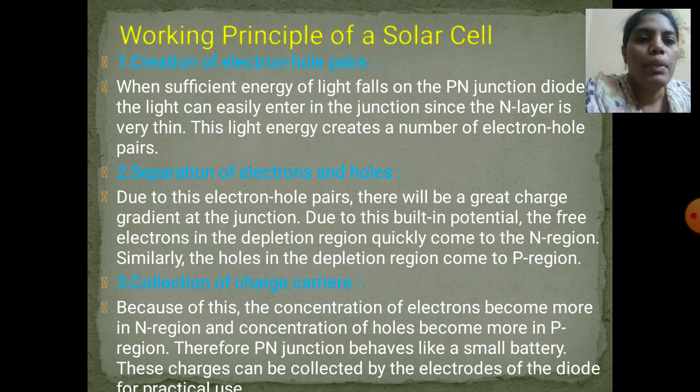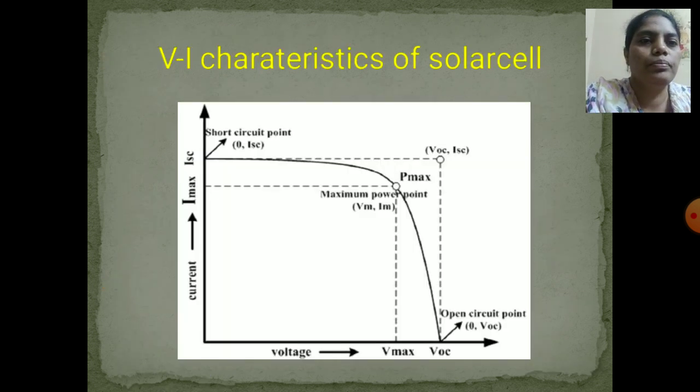Therefore, the p-n junction behaves like a small battery, where we can see a positive terminal and a negative terminal. The positive terminal is positively charged, and the negative terminal is negatively charged. So these charges can be collected by the electrodes of the diode for practical use. So this is the VI characteristics of a solar cell.